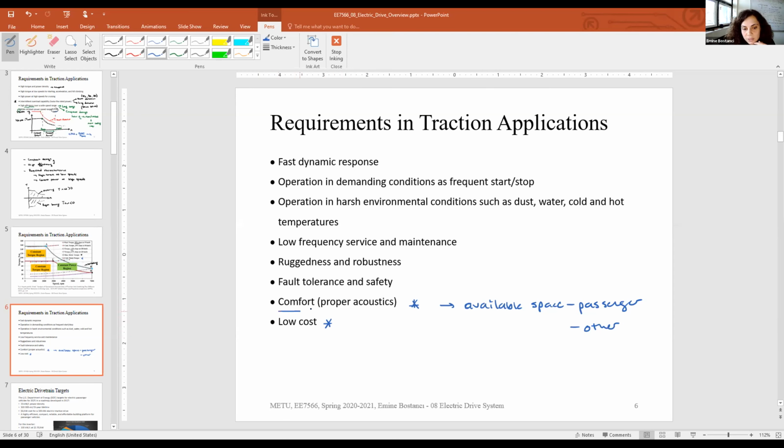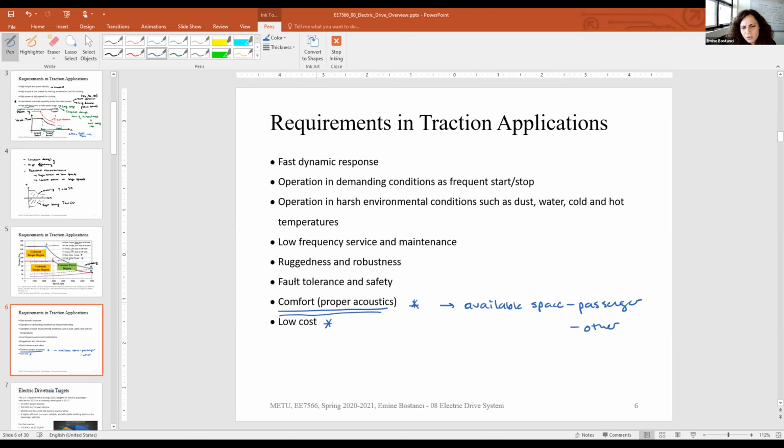So proper acoustics is a very important criterion for an electric vehicle. Moreover, since we don't have this low-frequency, high-decibel noise, all the other noises in the vehicle will be heard by the driver and the passengers. So we need to make sure that the other parts of the vehicle are not noisy either.